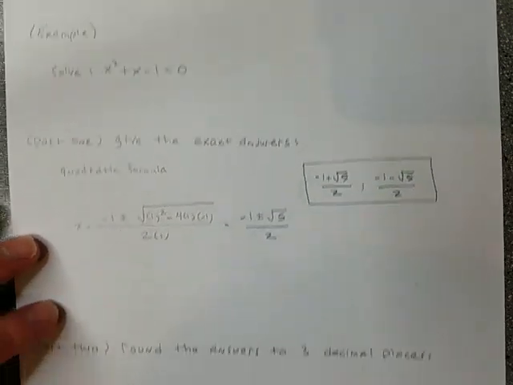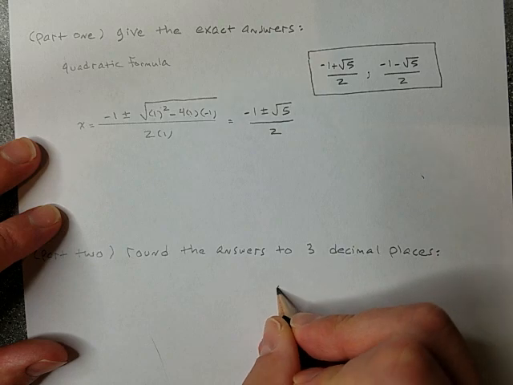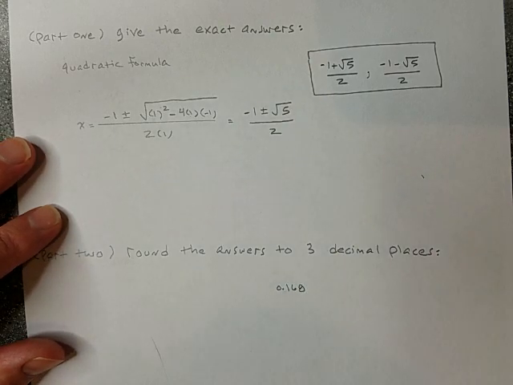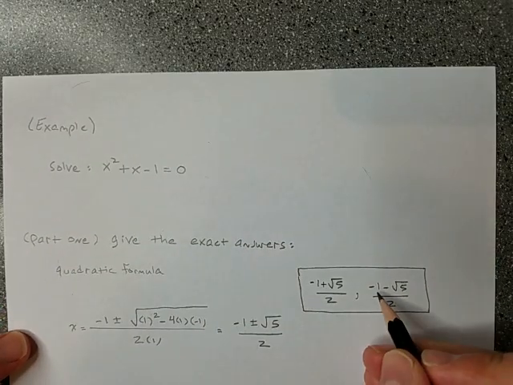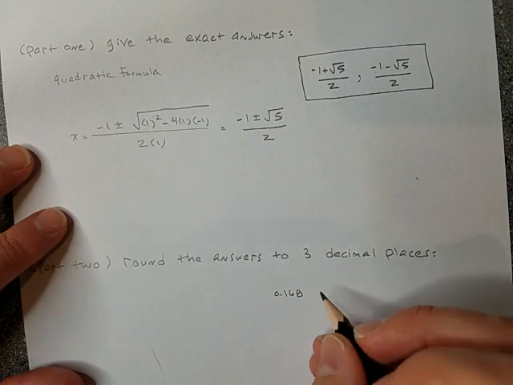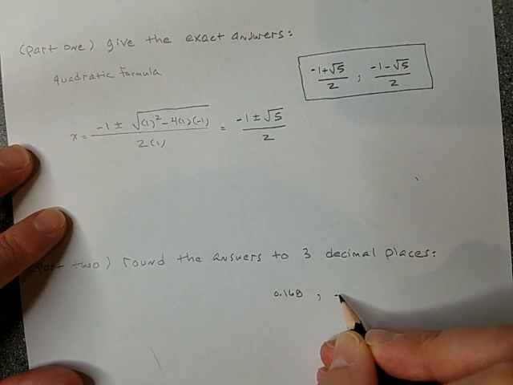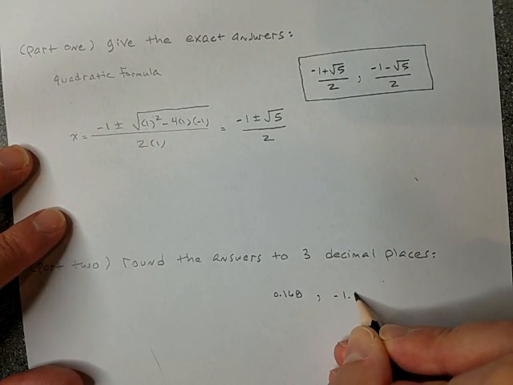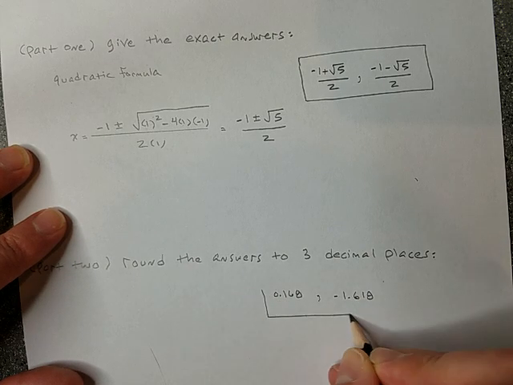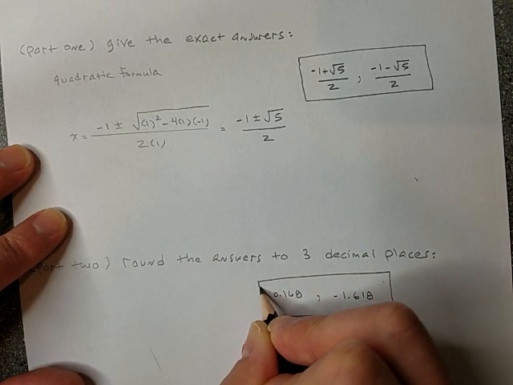So my rounded answers are 0.618. Okay? And if you did negative 1 minus root 5 over 2, you would get negative 1.618. Okay? So I got 2 answers, but there they are rounded.